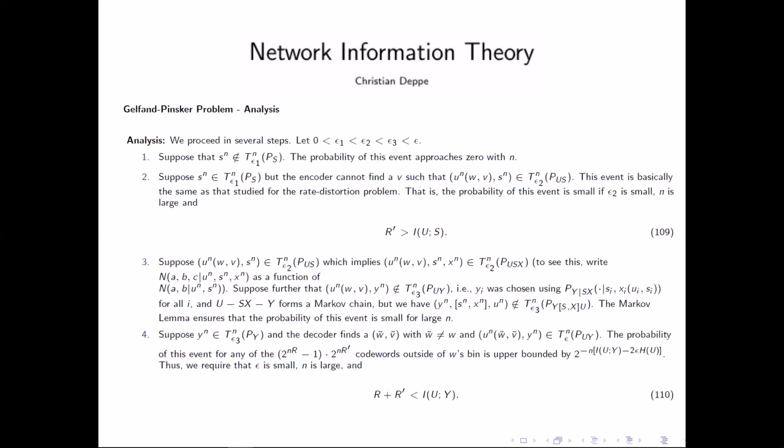Therefore, we know U^n, S^n, and X^n are jointly typical with respect to U, S and X. And we suppose that U^n(W, V) and Y^n is not typical with respect to U and Y. We know that Y_i was chosen using the probability of y conditional on s and x for all i, and we know that U, S, X, and Y form a Markov chain, and we have that Y^n, S^n, X^n, and U^n is not jointly typical.